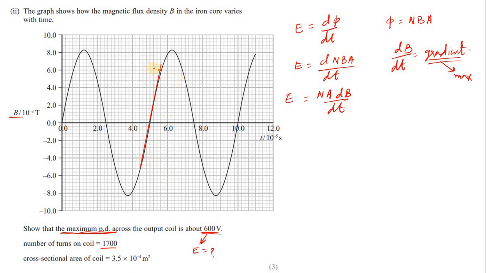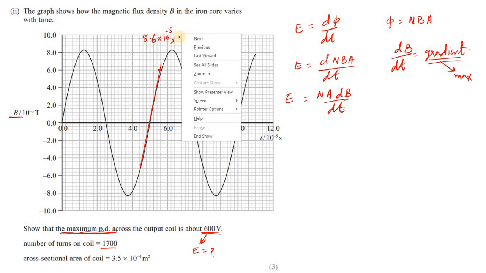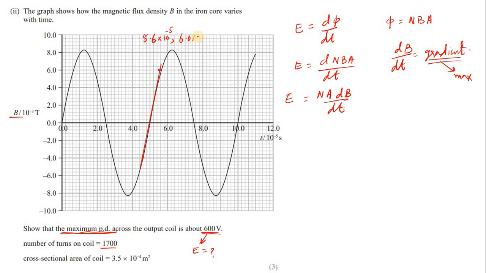The coordinates of the upper point are 5.6 × 10^-5, 6.0 × 10^-3. The lower point is 4.6 × 10^-5, -4 × 10^-3. These are the coordinates of these 2 points.